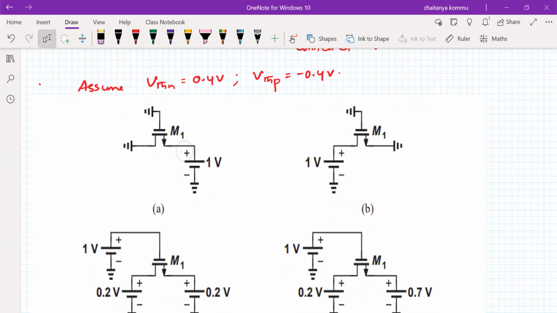Okay, you find out whether it is an NMOS transistor or a PMOS transistor. Roll number 5, Nikesh. Somebody in the class. So is M1 an NMOS transistor or a PMOS transistor? NMOS, sir.